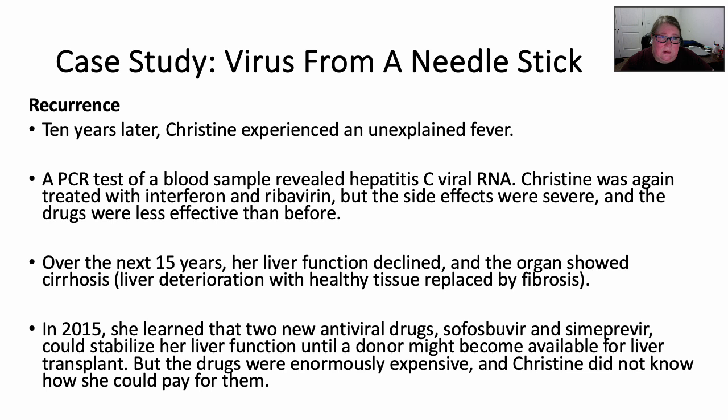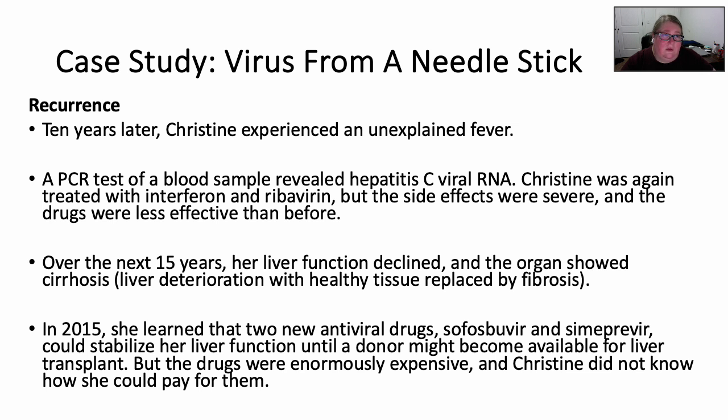They put her on a similar treatment with interferon and ribavirin, but just like last time, the side effects were too great, and it wasn't as effective as the first treatment. Which makes sense. 10 years is a long time. Viruses can adapt. They can evolve.